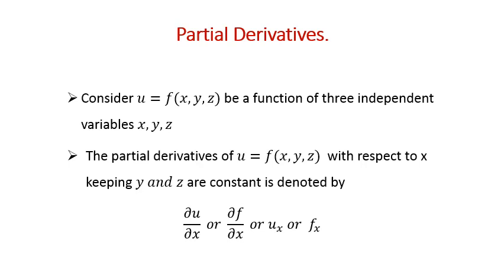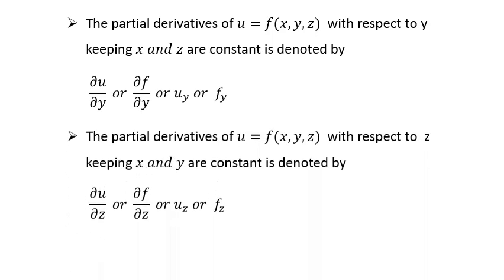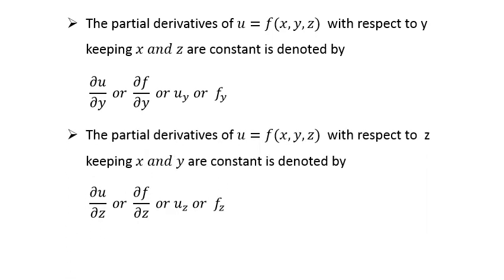The partial derivative of u with respect to x, keeping y and z constant, is denoted by dou u upon dou x or dou f upon dou x or u_x or f_x. Similarly, the partial derivative of u with respect to y keeping x and z constant, and the partial derivative of u with respect to z keeping x and y constant. These derivatives are known as first order derivatives.